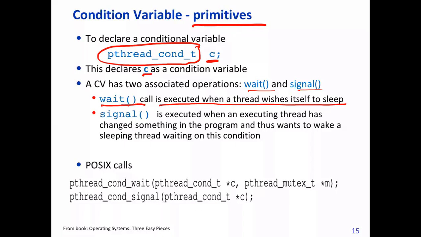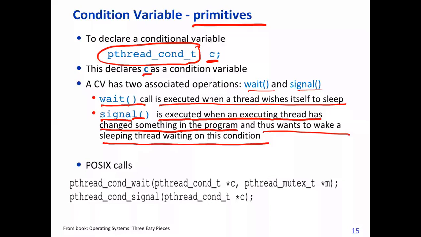Signal is executed when some other thread signals it. When it's executed, it has changed something in the program. It means that it's doing something, the condition is to be changed, and because of that it wants to wake up a sleeping thread on that condition.